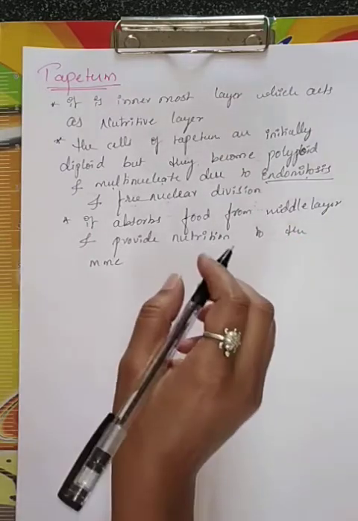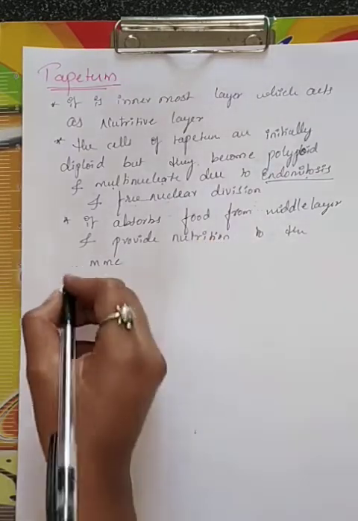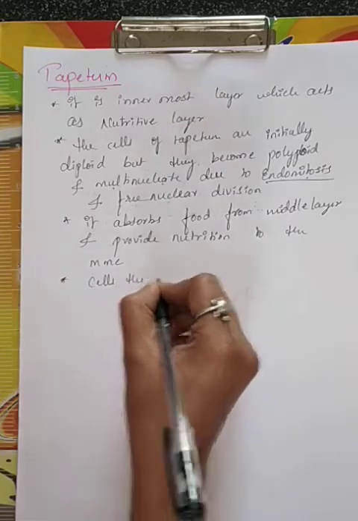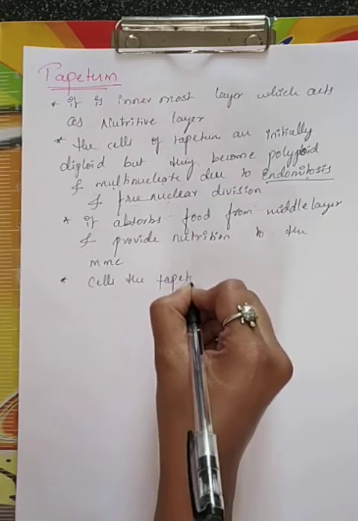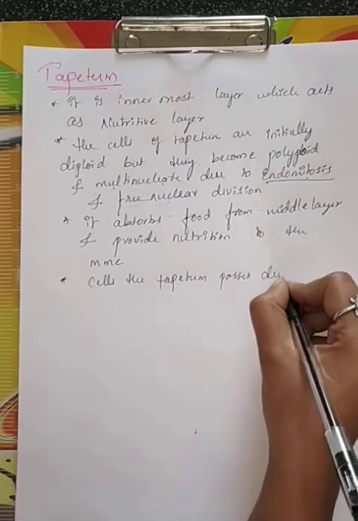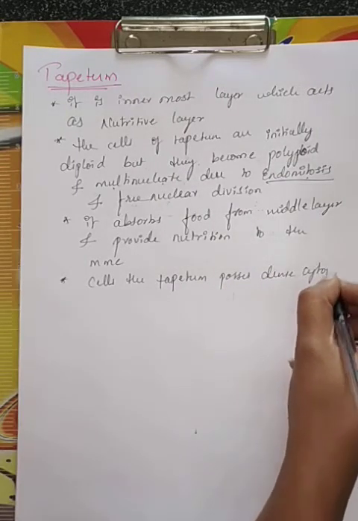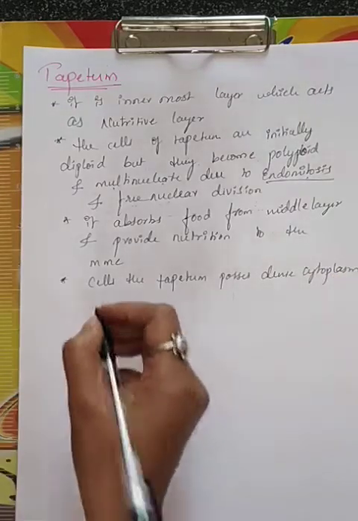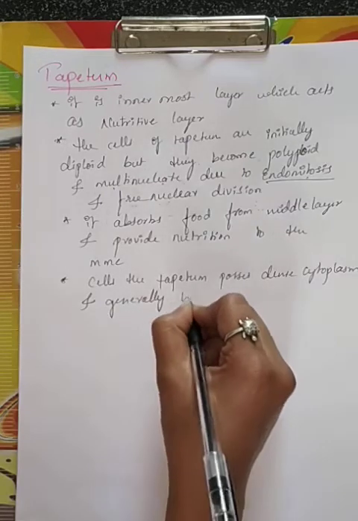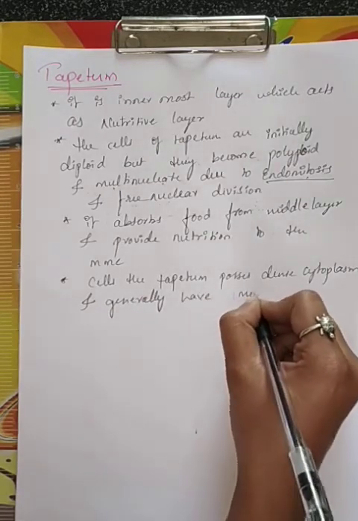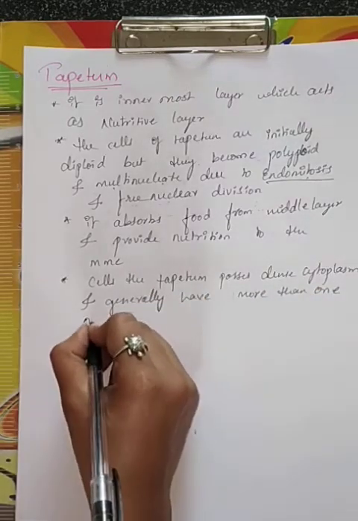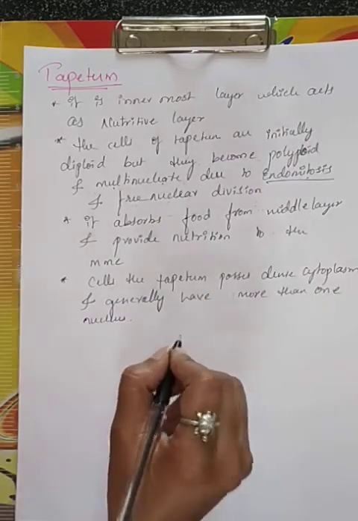The cells of the tapetum possess dense cytoplasm and generally have more than one nucleus, as we just discussed.